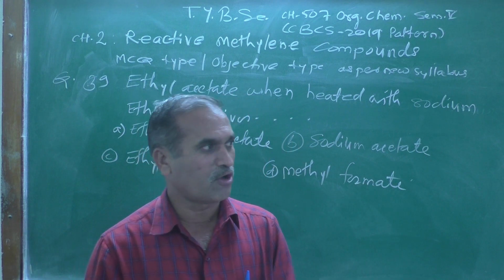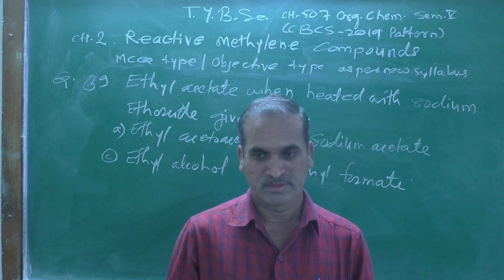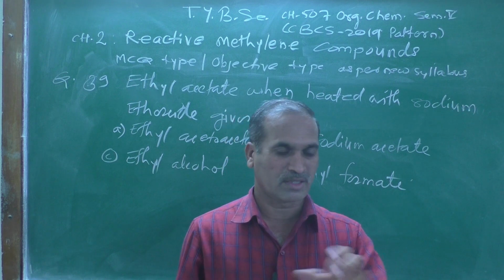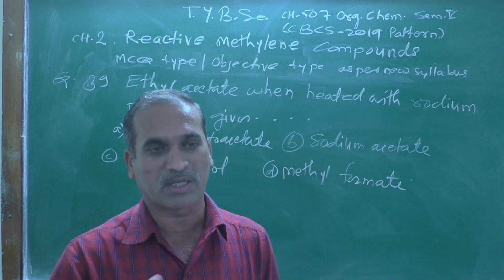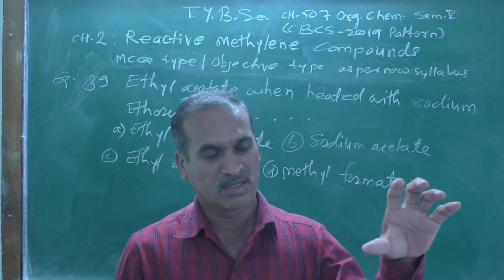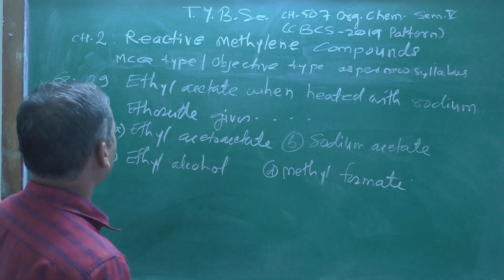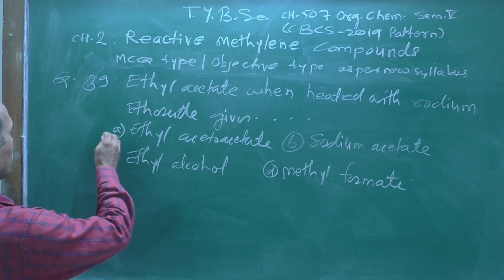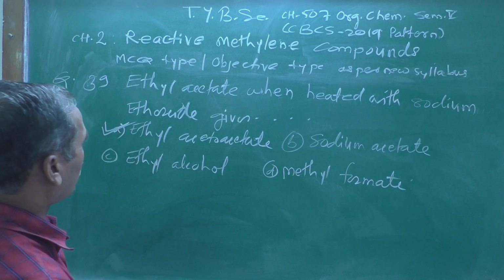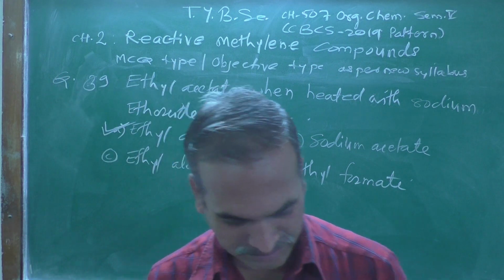Two molecules of ethyl acetate condense together, and the resulting compound is known as ethyl acetoacetate or the beta keto ester. This reaction is known as the Claisen condensation reaction, and therefore the final product obtained will be ethyl acetoacetate. So that is the answer.